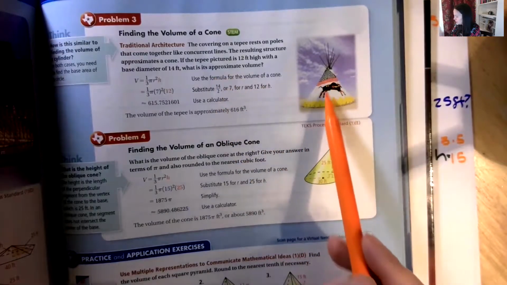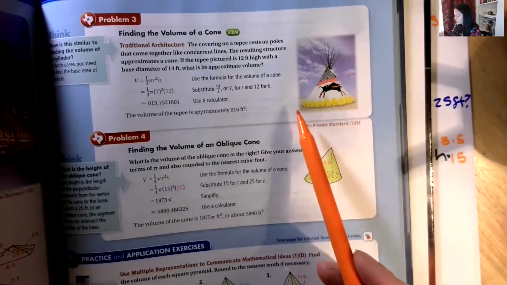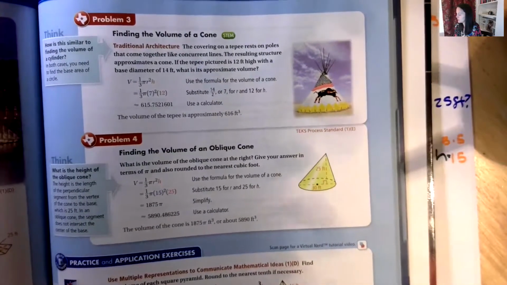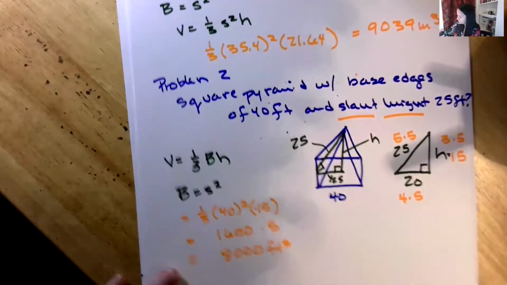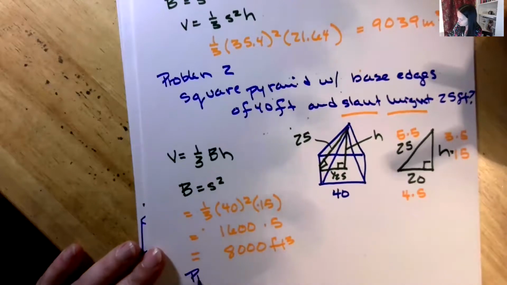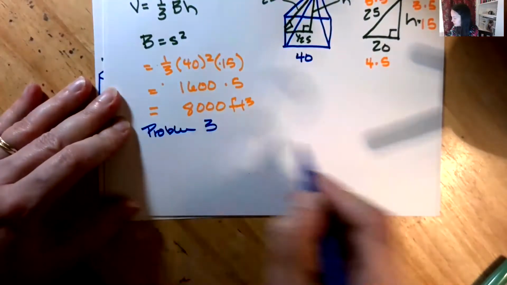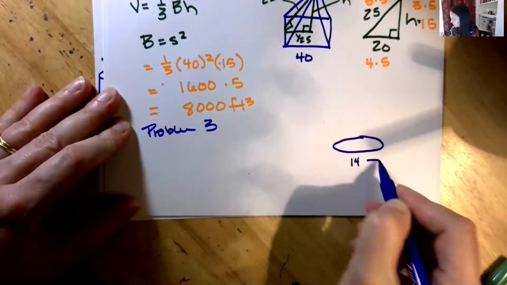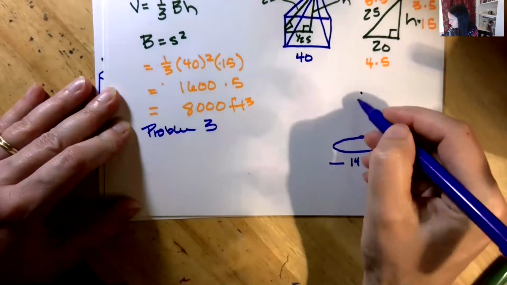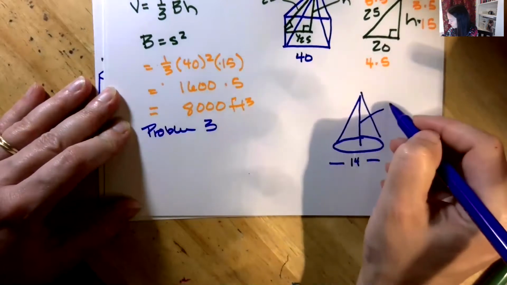So if this TP is 12 feet high and has a diameter of 14 feet, what is the approximate volume? So we have a height of 12 feet and a diameter of 14.